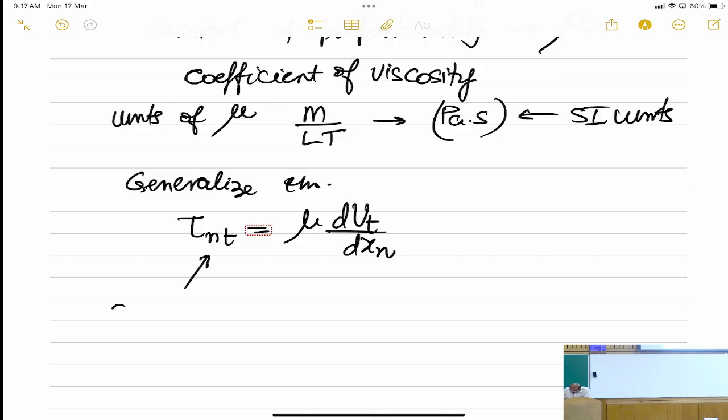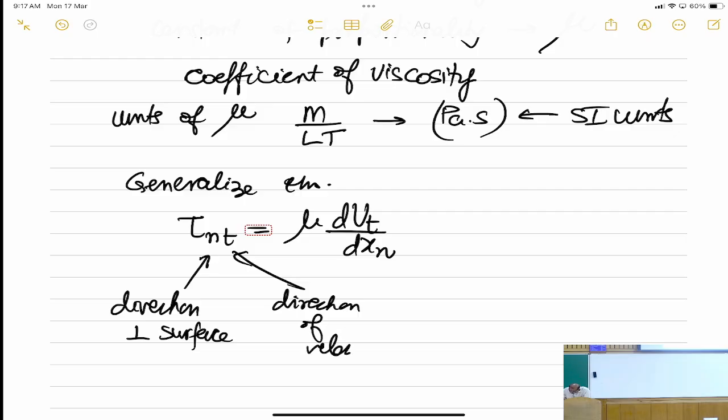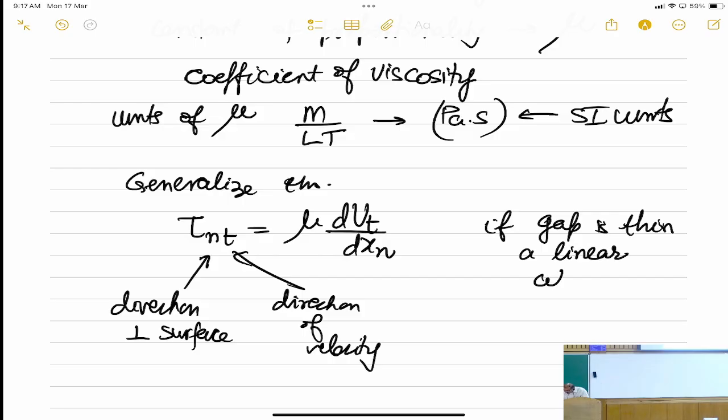So n is the direction perpendicular to the surface, t is the direction of velocity, and if the gap is thin, a linear approximation is taken.